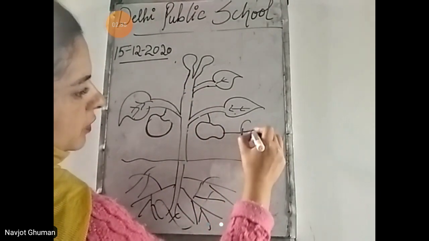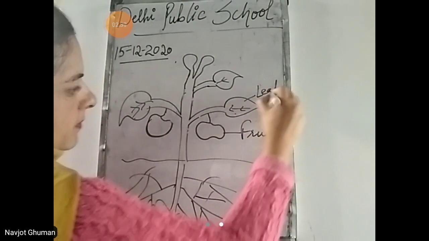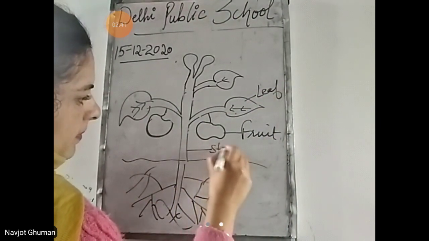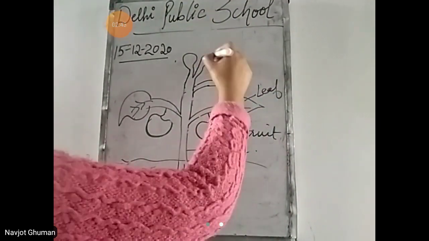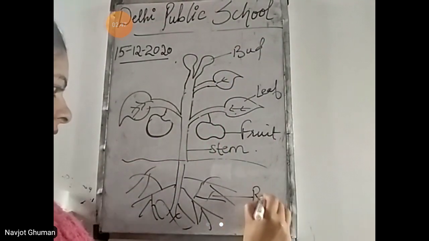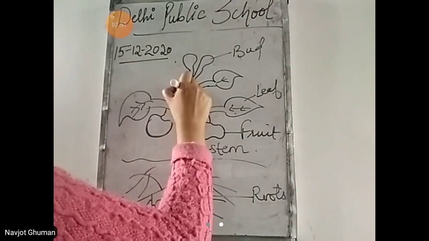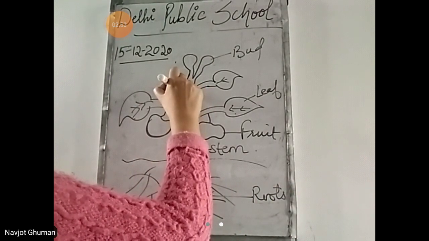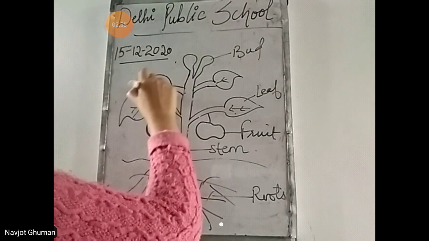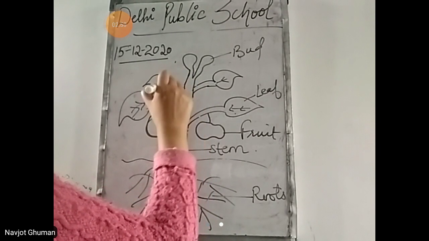This is the fruit. This is leaf, stem, bud, roots. Then comes your flower. Here comes your flower. This is the flower.